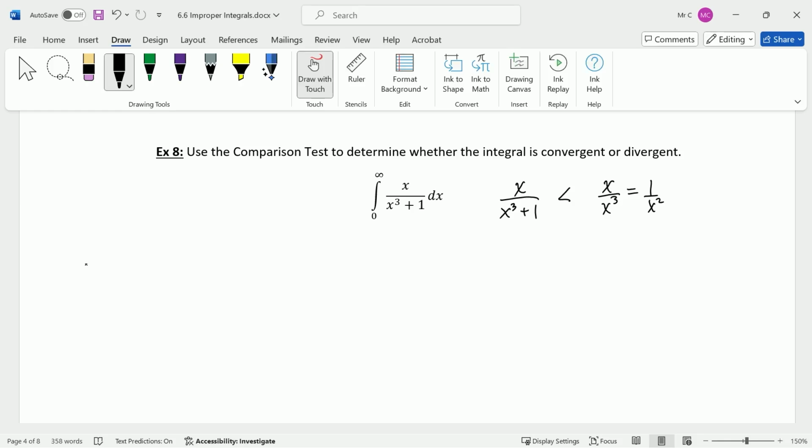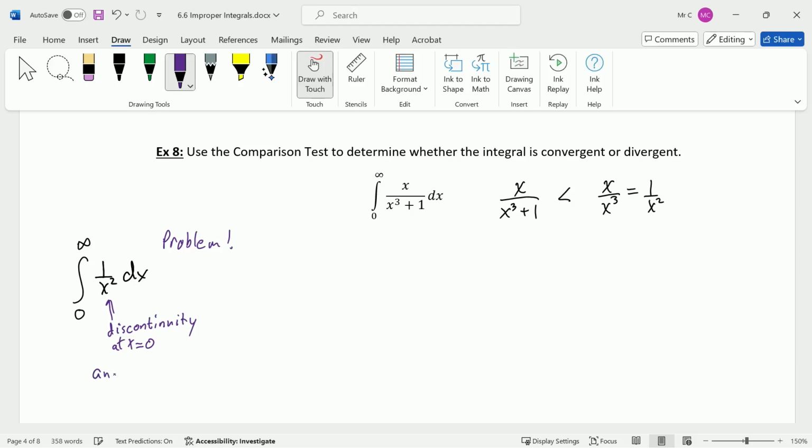So my temptation is to look at the integral from 0 to infinity of 1 over x squared dx. But now we have a problem. And what's that problem? The problem is that there's a discontinuity at x equals 0 and an infinite limit.